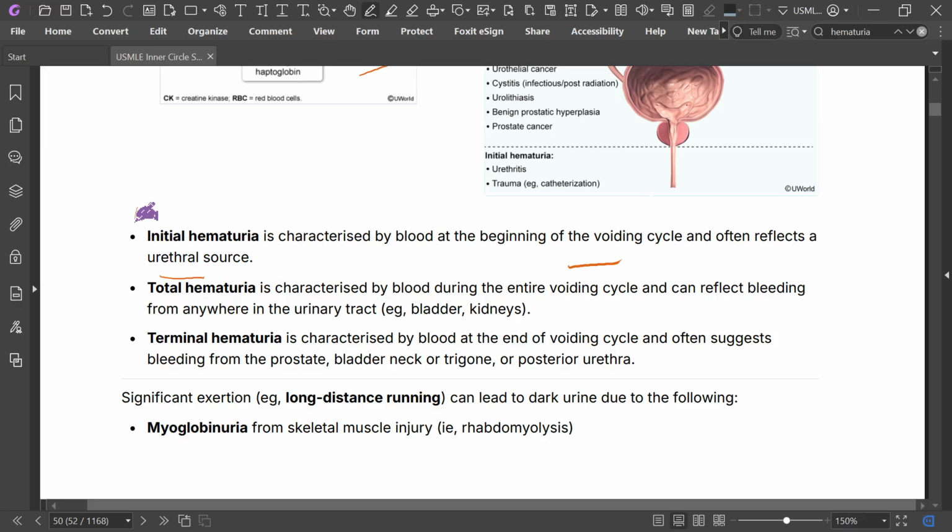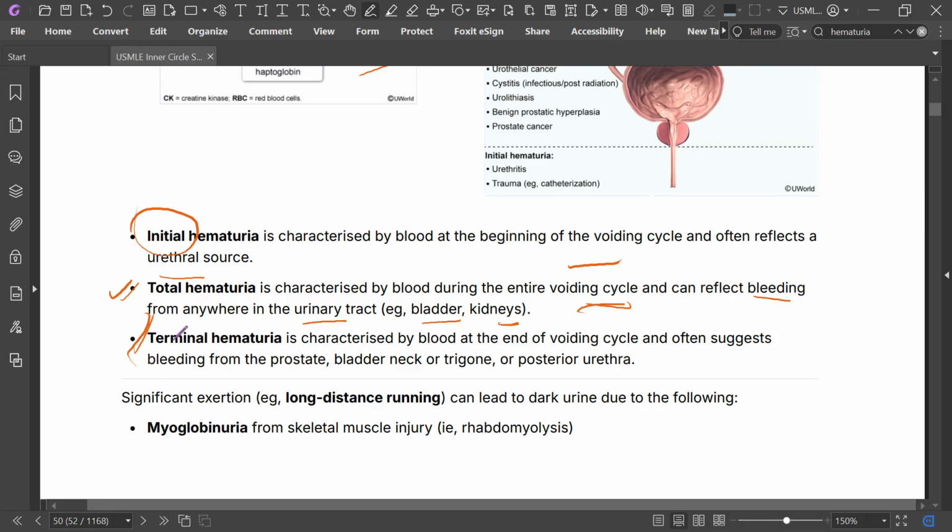So initial is urethral, at the beginning of the voiding cycle. Total hematuria is throughout the entire voiding cycle, so bleeding can come from anywhere like the urinary tract, bladder, and kidneys.